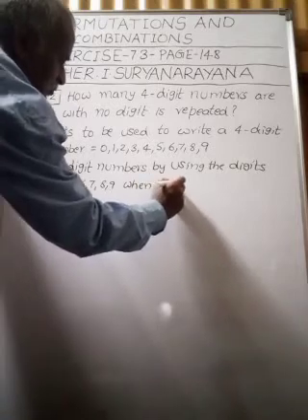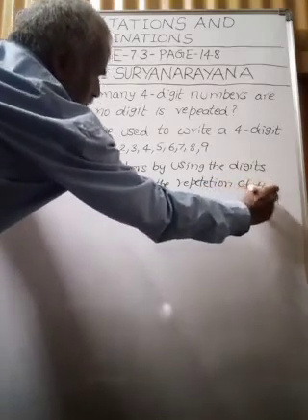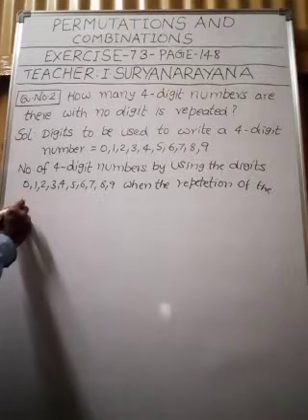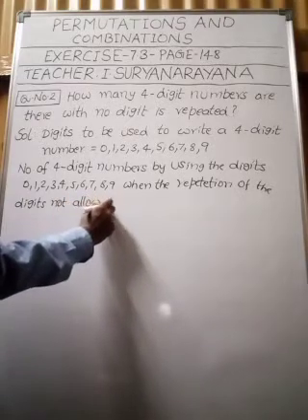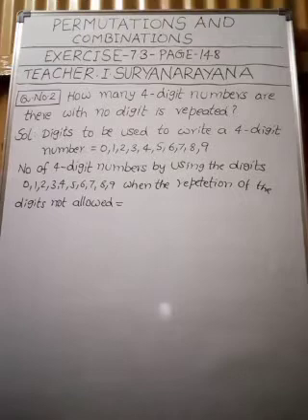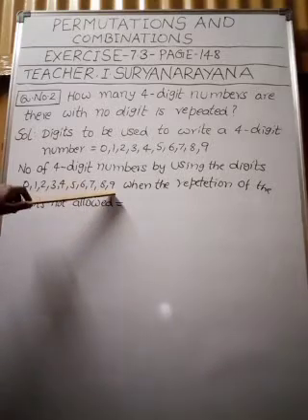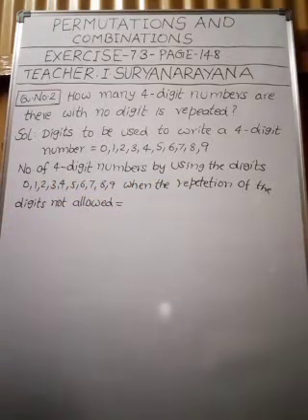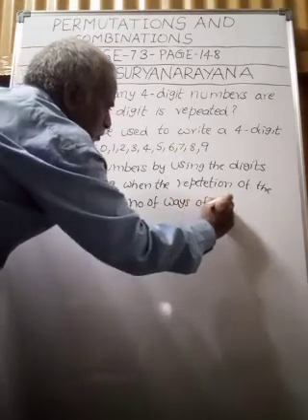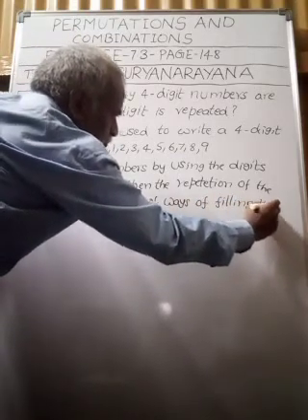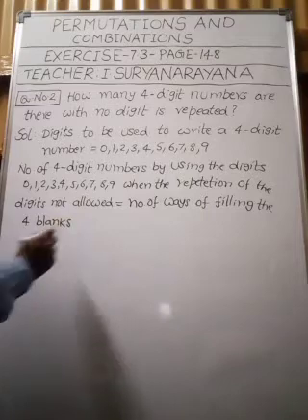The number of 4-digit numbers by using the digits 0, 1, 2, 3, 4, 5, 6, 7, 8, 9, when the repetition of the digits is not allowed, is equal to the number of ways of filling the 4 blanks in that number.